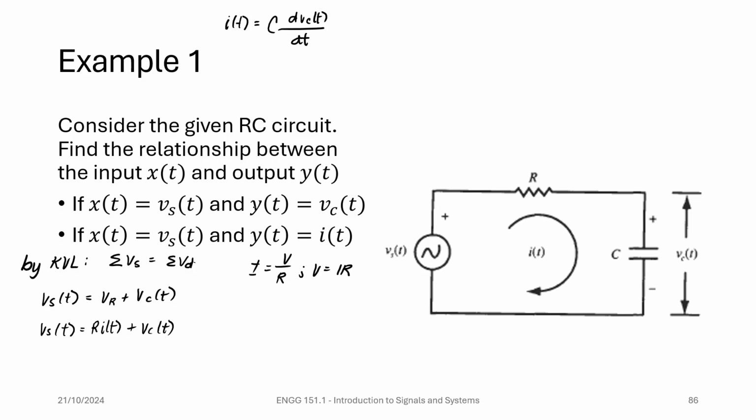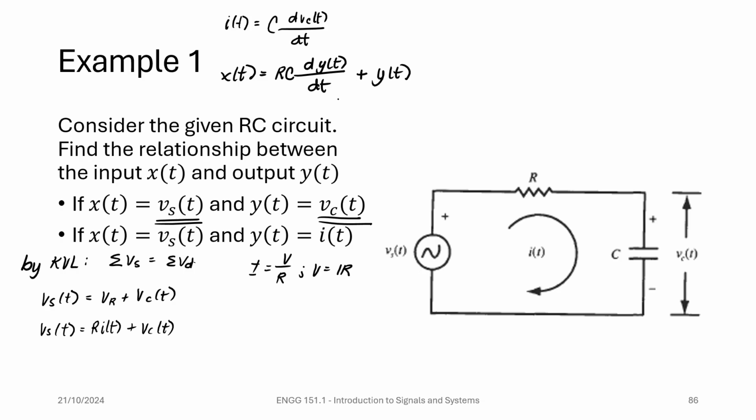Remember, we are getting VC of t as our y of t and Vs of t as our x of t. So we have here x of t is equal to R times C multiplied to the derivative of VC of t, which is y of t, over dt. Then plus y of t.